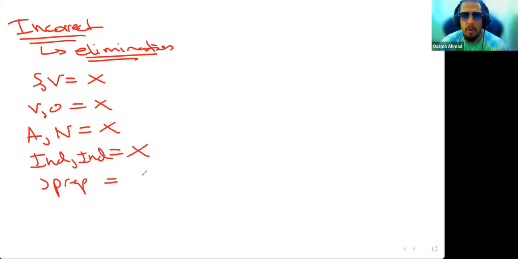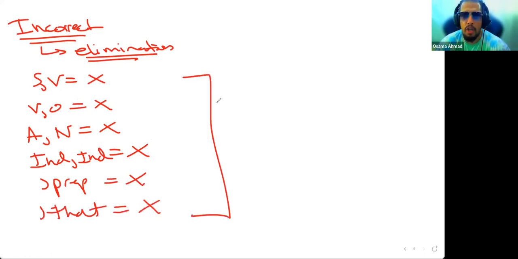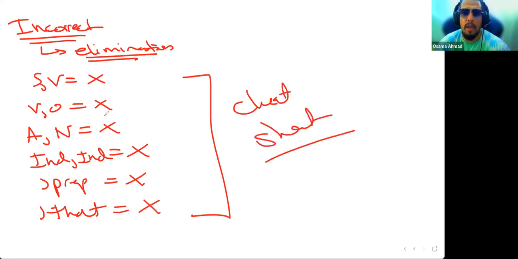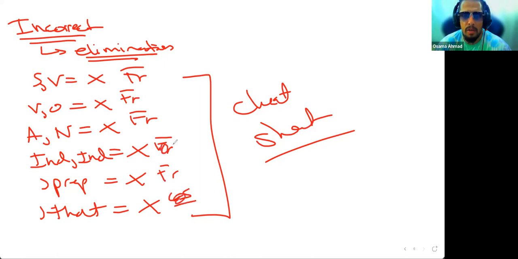Comma, preposition, wrong. Comma, that, wrong. It's a little cheat sheet right here. These are common ways the exam brings incorrect comma usage through fragments, or comma splice.